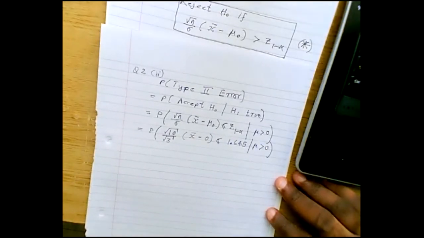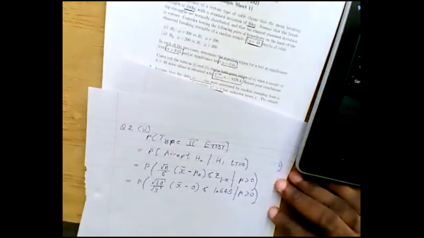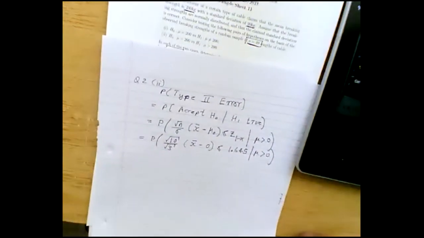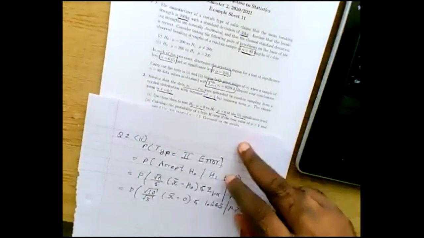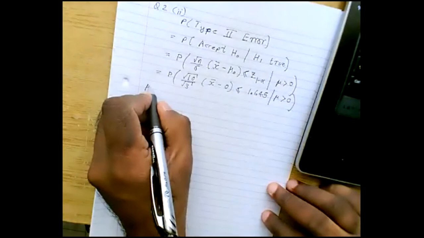Now we should go back to the question one more time. The question is asking you to compute this probability at mu equal to 1 and mu equal to 1.5. So first of all, let's suppose that mu is 1.